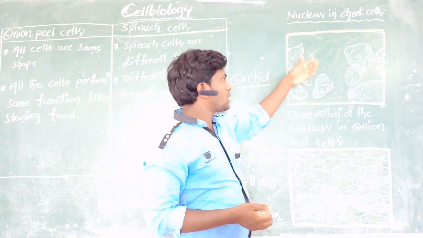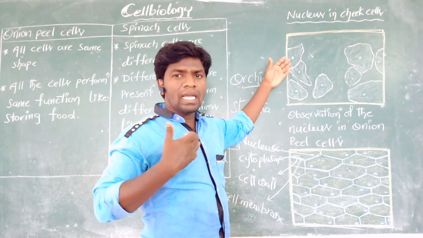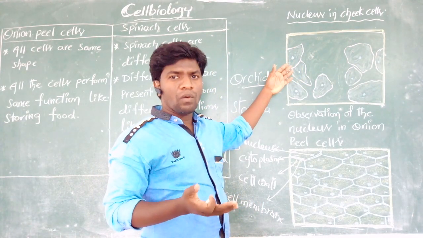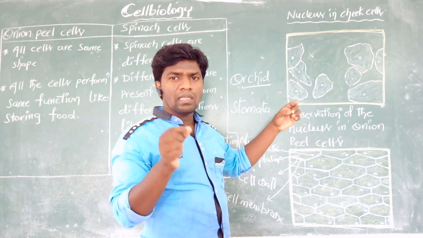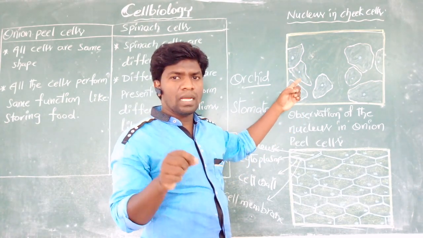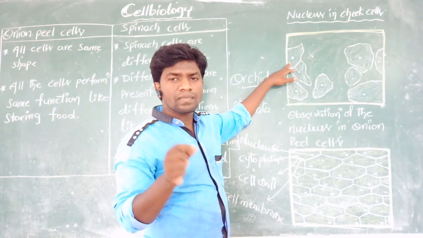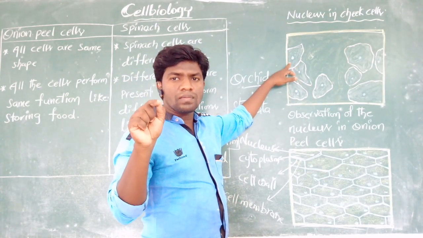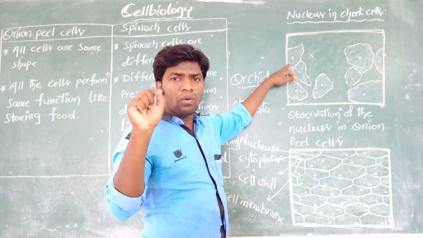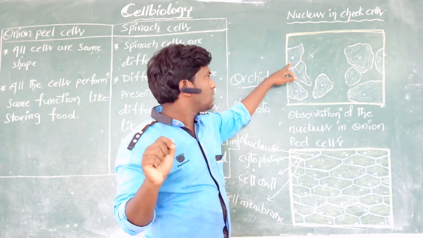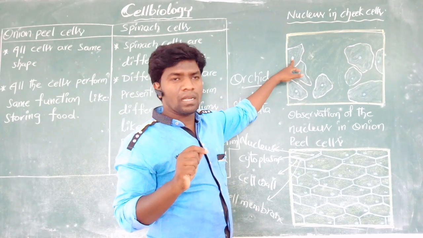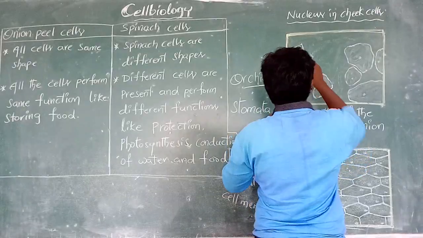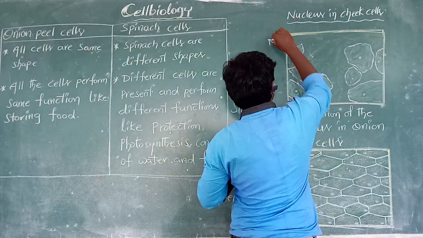In these animal cells, while observing under the microscope, I observed a blue colored round nucleus present in the center of the cell. This is the nucleus.